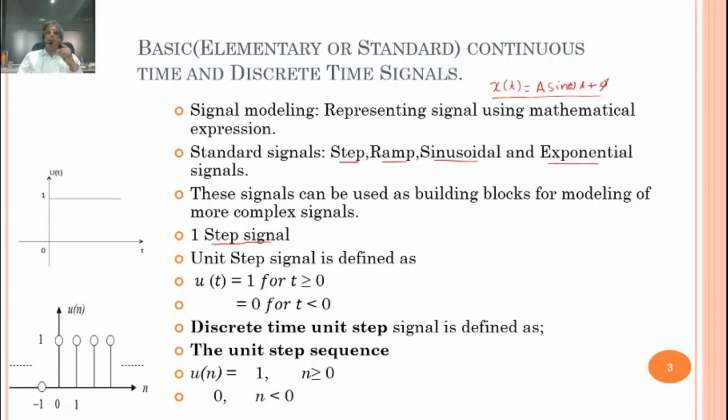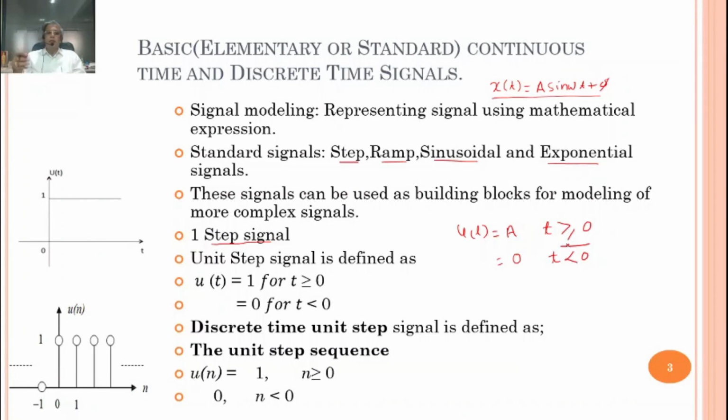Now the first basic signal is the step signal. The step signal is mathematically represented like this: u(t) = A when t is greater than or equal to 0, and the value of the signal is 0 for negative values of t.